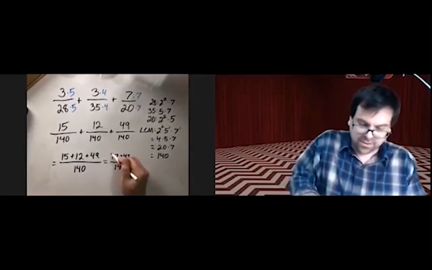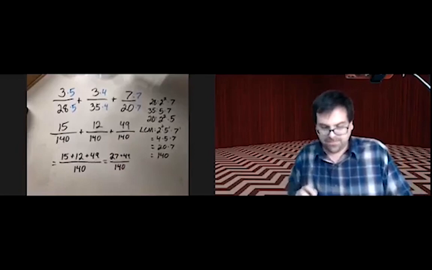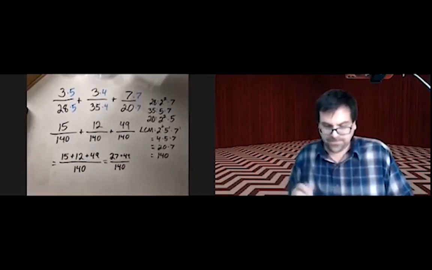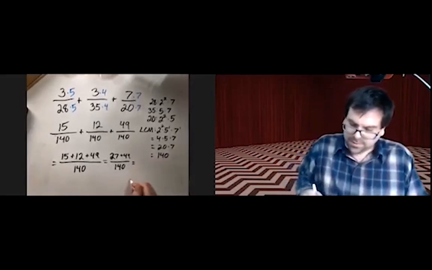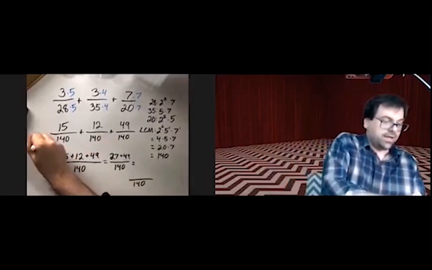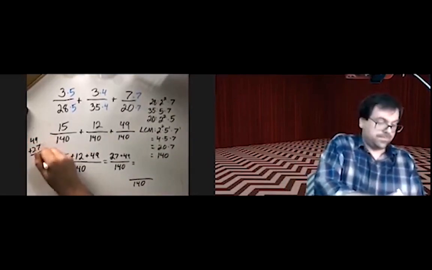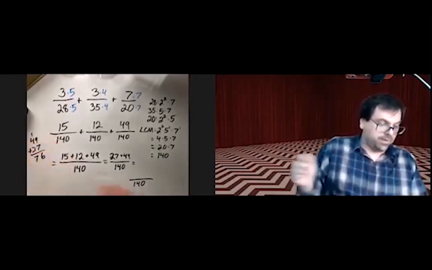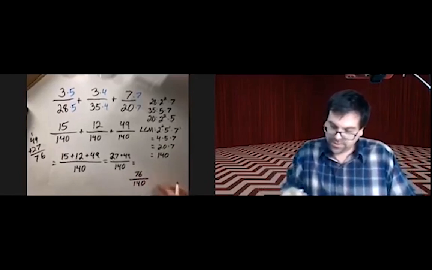Sorry, not 17, 27. 27 plus 49 is 76. 76 over 140.